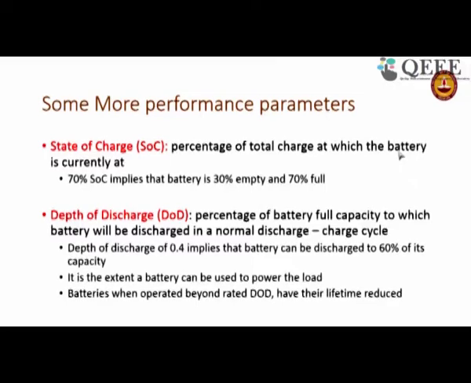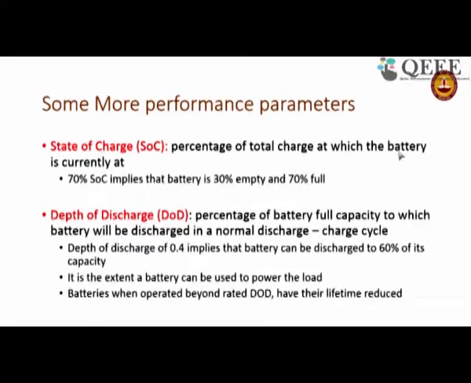It's a parameter that is defined. For example, in a laptop battery, once you reach about 10%, it gives you a warning and says stop, can't work. It's a 90% depth of discharge. You don't want to discharge further, because if you discharge more, you can damage the battery.